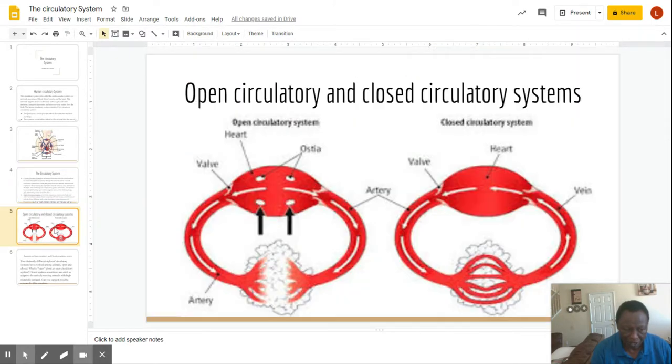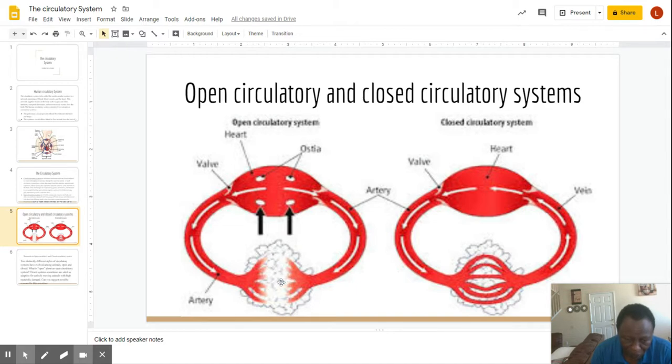Now, if you look at the image here that compares an open circulatory system and a closed circulatory system, in the open circulatory system, you can see that the blood from the heart is pumped into the vessel. Here you can see there's a void.